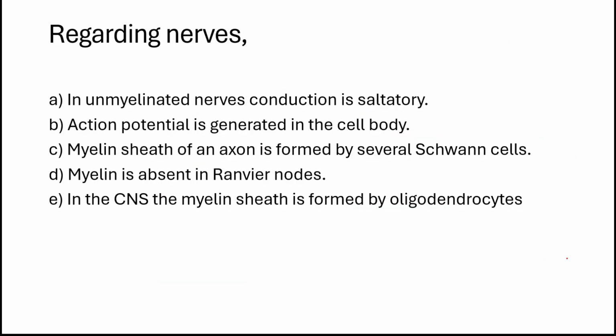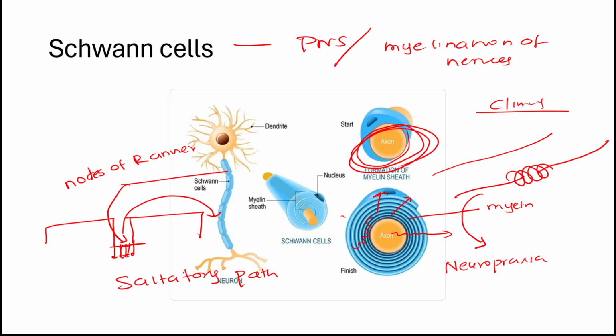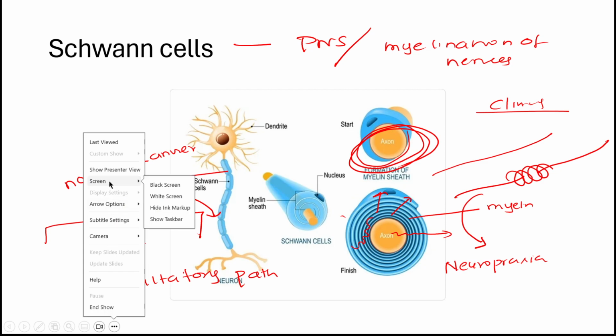Right. Before going to the question, I was also interested in relating the classification of the nervous system. Now the nervous system consists of mixed nerves and sensory nerves only.